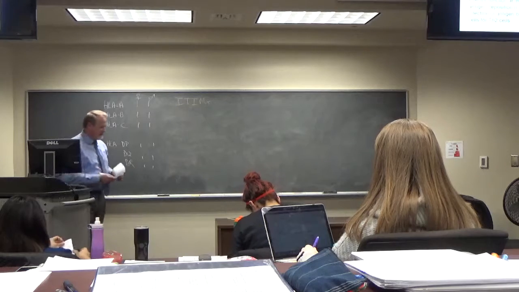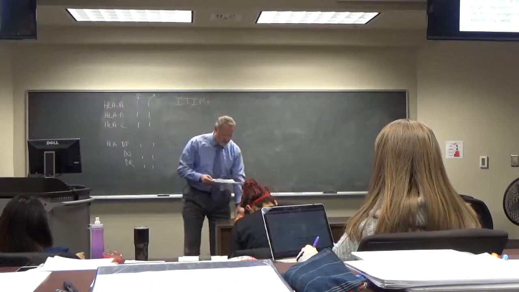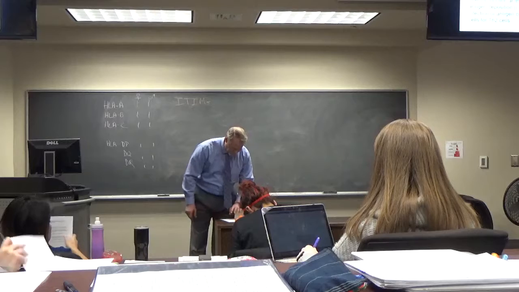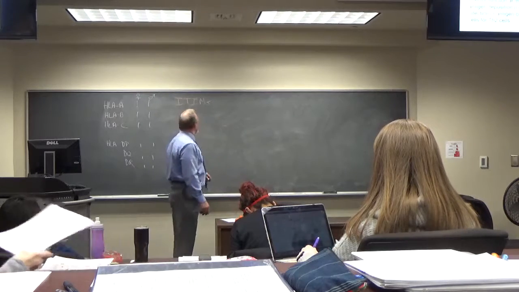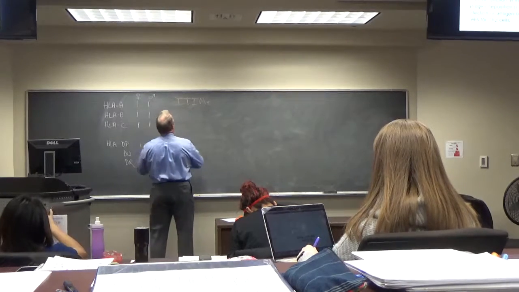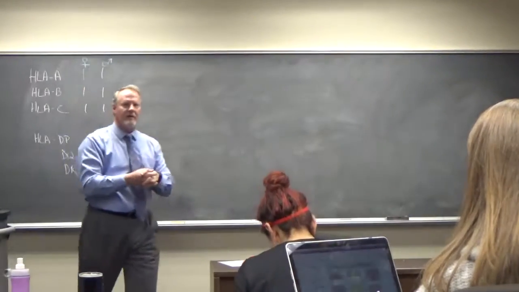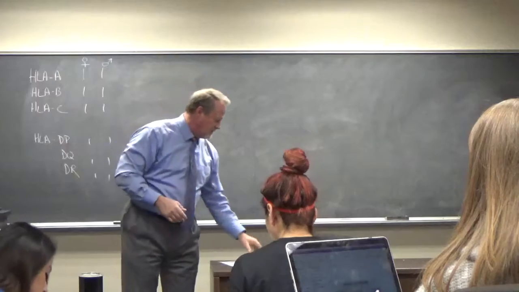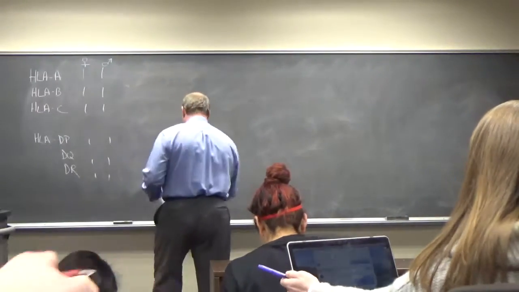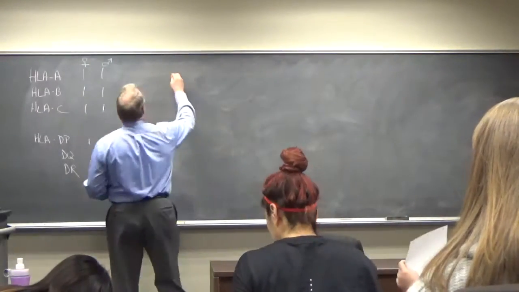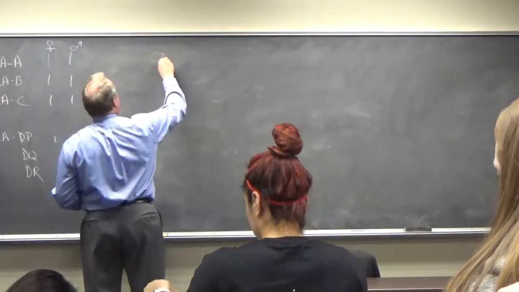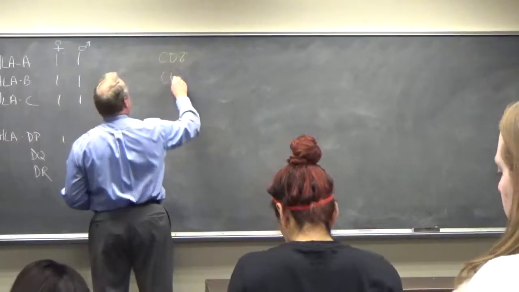What I want to do next is go up here on the board and talk about some of these T helper types that you may or may not have heard about. So if we're talking about the CD8 T cells, we'll do this real quick. CD8 T cells recognize class 1.